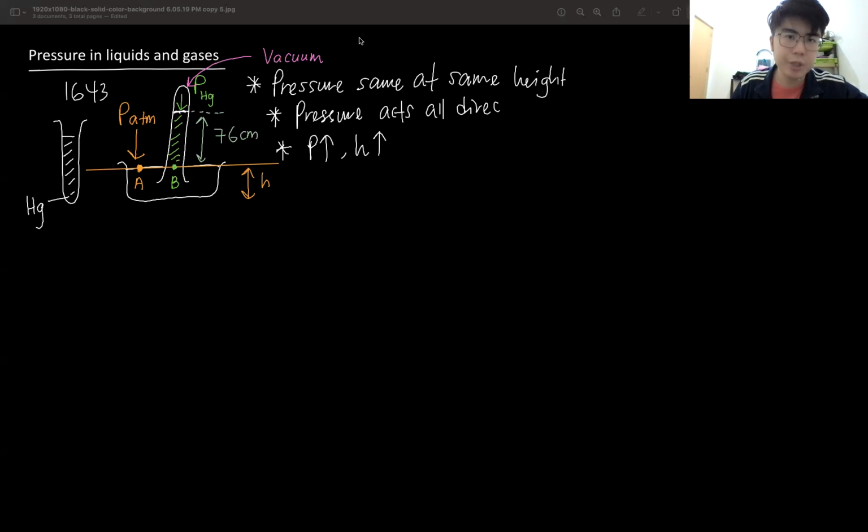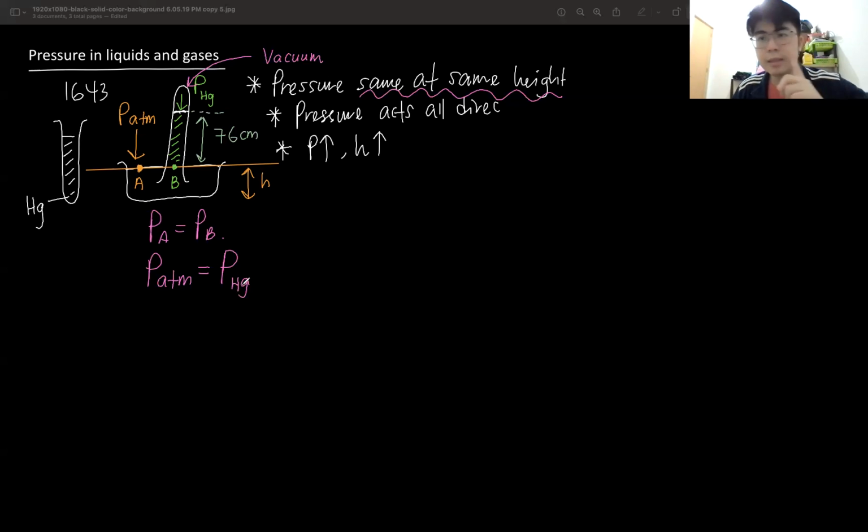Now, pressure at the same height is the same. So I can write PA equals PB. So PATM equals the pressure of the mercury. Okay, how do you calculate the pressure of mercury?